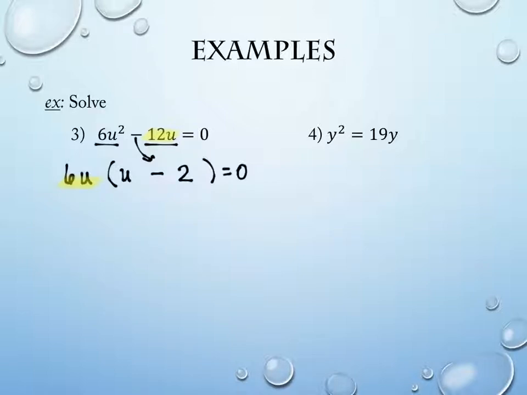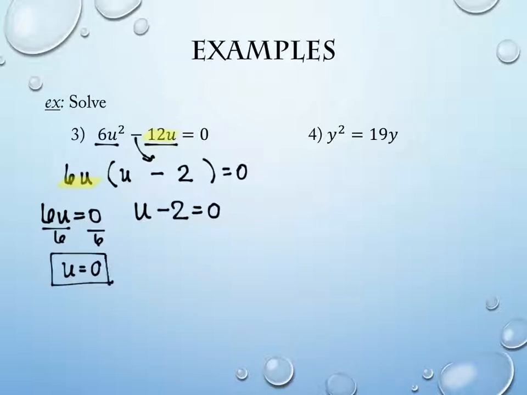So we're going to set each piece equal to 0, because the only way this equals 0 is if one of them equals 0 individually. 6u equals 0, what do I need to do? Divide by 6, what is u? 0, good. U minus 2 equals 0. Plus 2, so u is equal to 2.